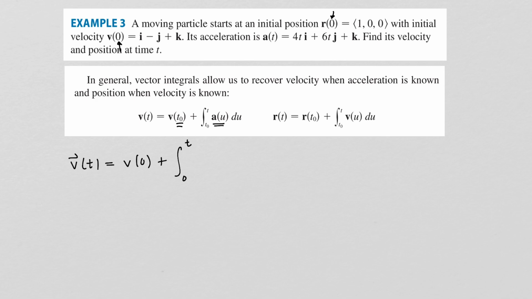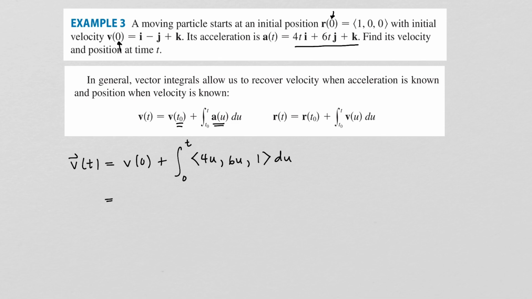And so here we have the acceleration as a function of t. So I'm just going to replace the t with a u. So we get 4u, 6u, and then 1. And this will be du.